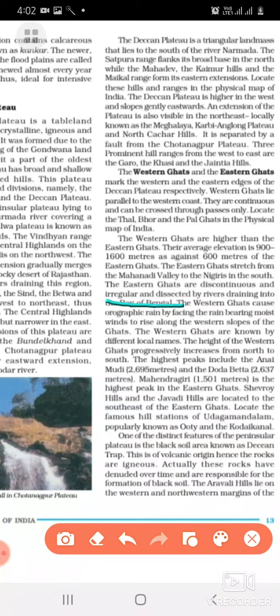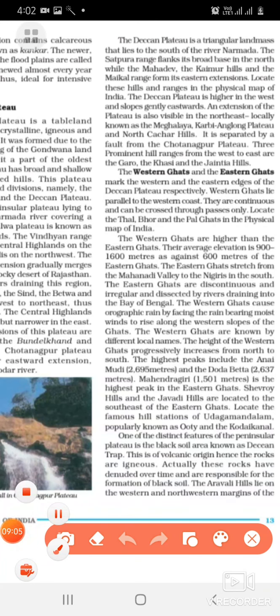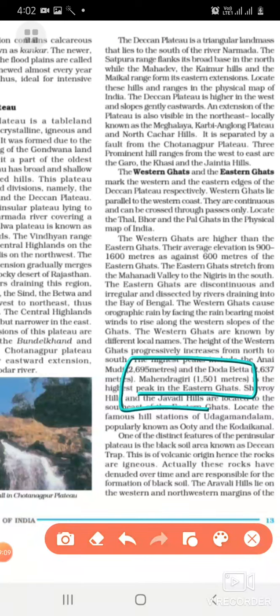Now you have to see the average height of these ghats. The average height of the Eastern Ghats is 600 meters. Mahendragiri, which is about 1501 meters, is the highest peak in the Eastern Ghats.